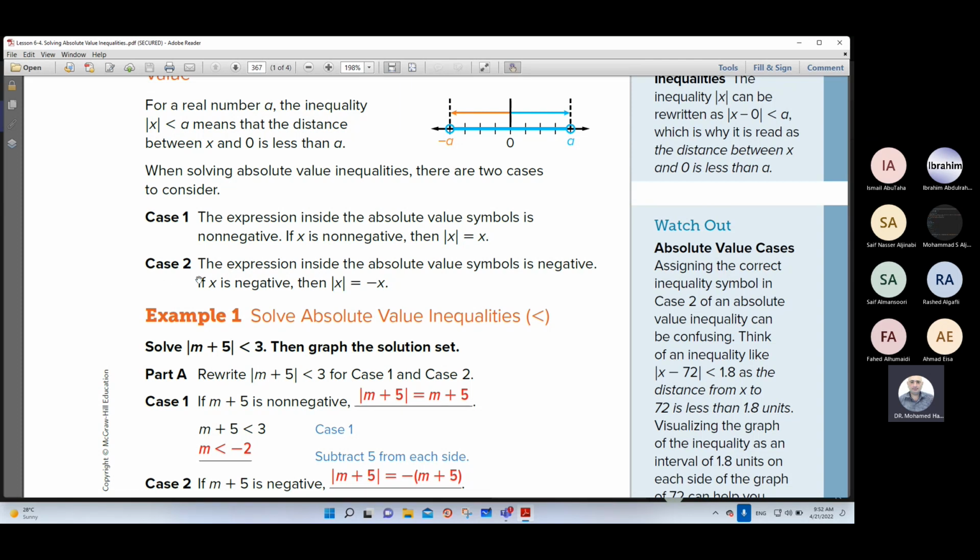The second case, the expression inside the absolute value symbol is negative. Means, if x is negative, then the absolute value will be negative x. So, if x is positive, the absolute value of x will be x, and if x is negative, the absolute value here will be minus x. Okay?